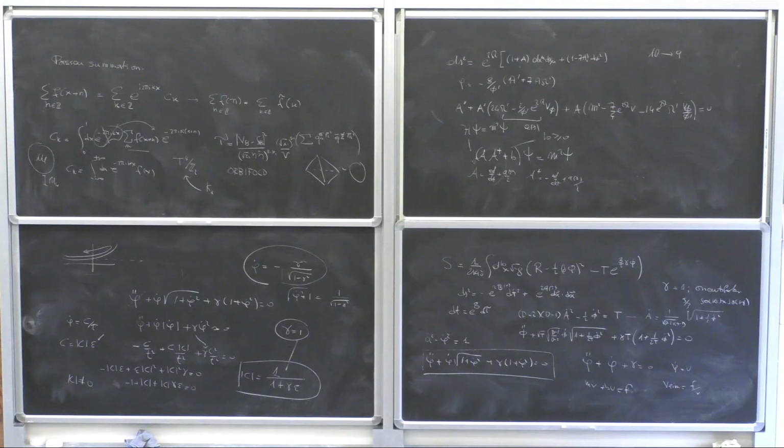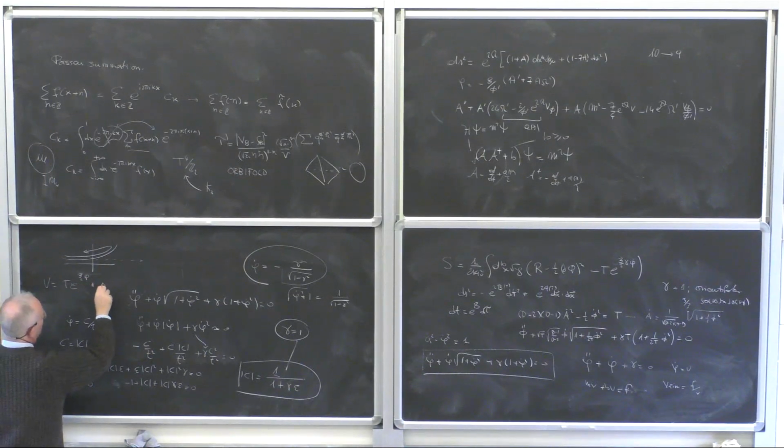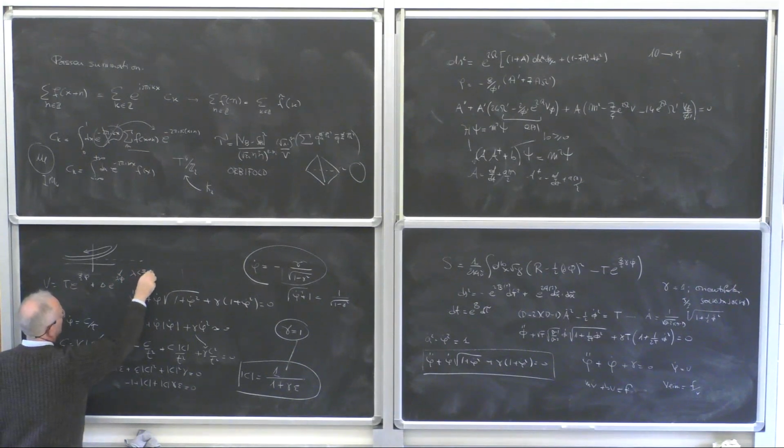Of course, the top-down arguments from string theory are not enough to do that. You have to take your potential, which is t e to the, say, 3/2 phi, and add to this potential a certain term with an exponent, say lambda phi, where lambda is less than 3/2.